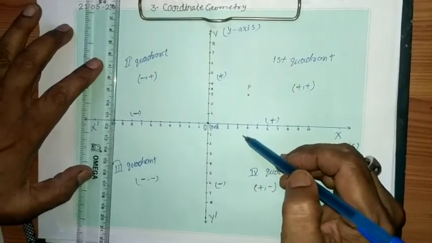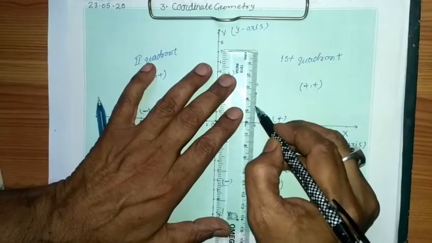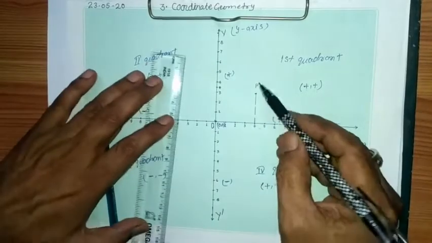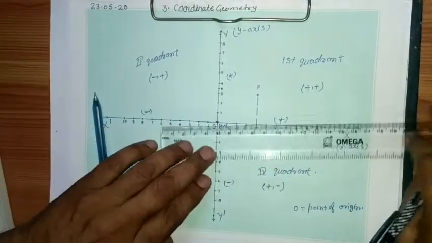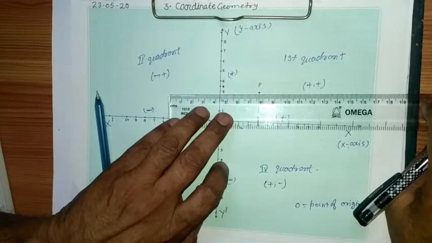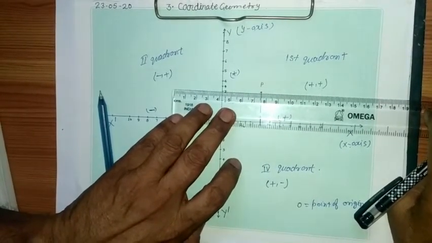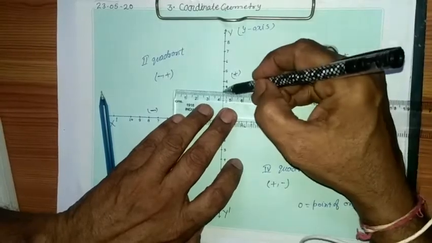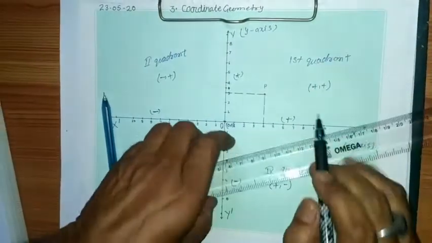First we draw a line parallel to the y-axis. This is 4, and a line parallel to the x-axis from 3.